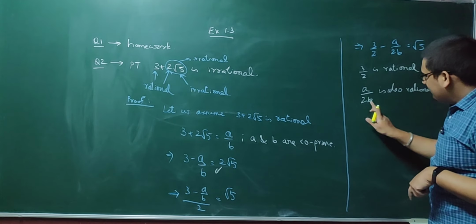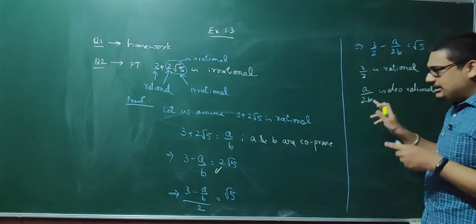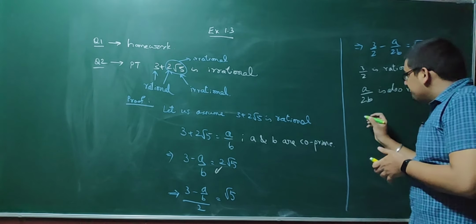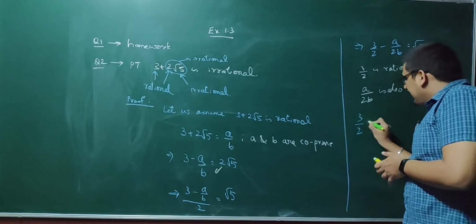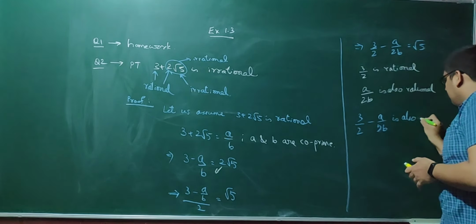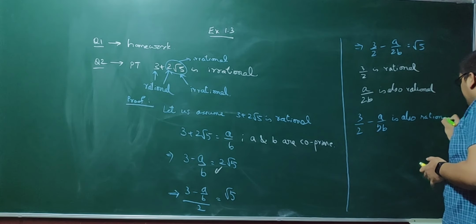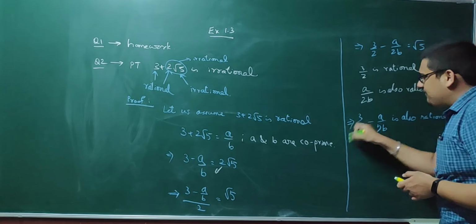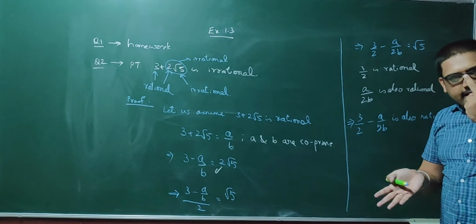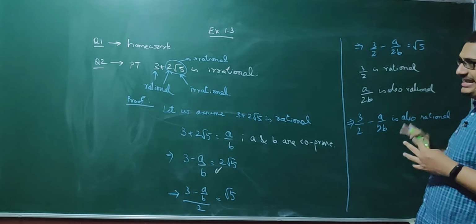So again, multiplying a constant to an integer becomes rational only. So a by 2b is also rational. That means 3 by 2 minus a by 2b is also rational. Why? Because again we have studied the fact that a rational number minus a rational number plus a rational number is again a rational number. That means my LHS is rational.